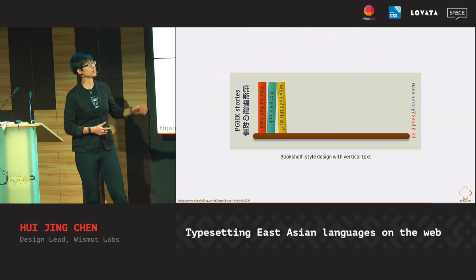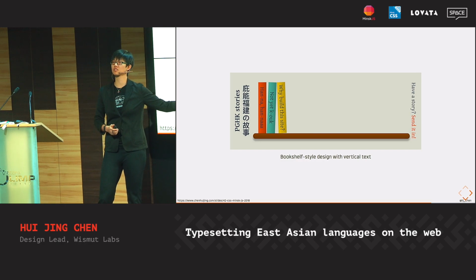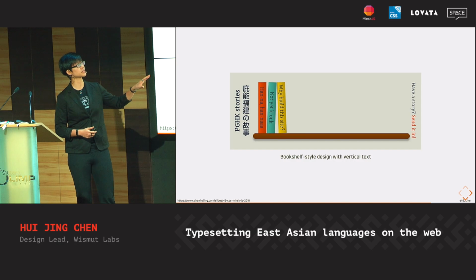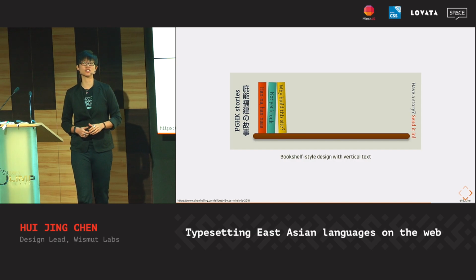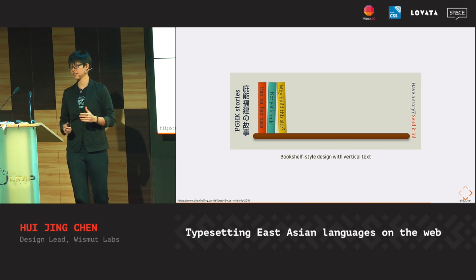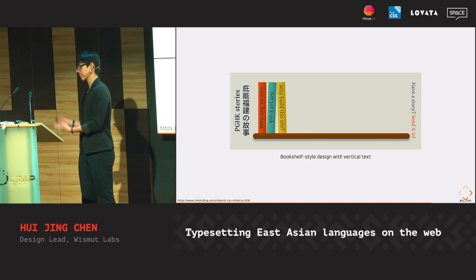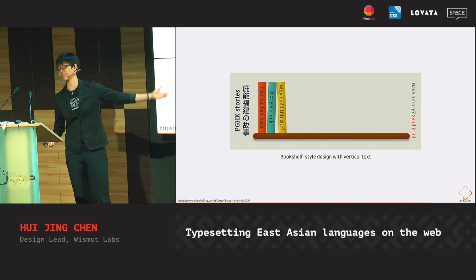For example, you can make a bookshelf-style list of posts like this with only CSS. Something like this can be done by setting vertical-rl on each list item, and you add in some padding and some inset shadows, and you can get such a visual effect.